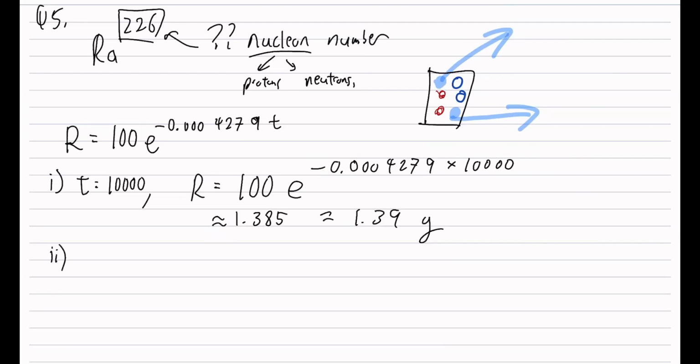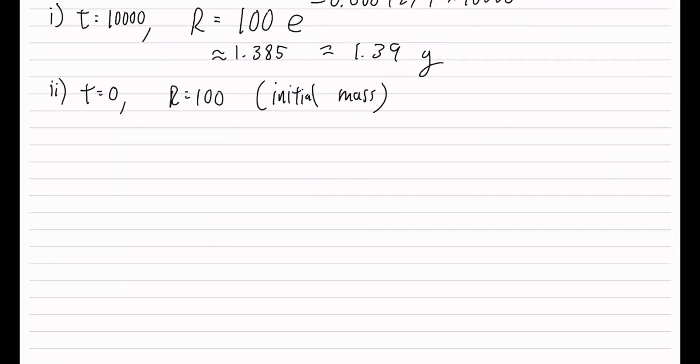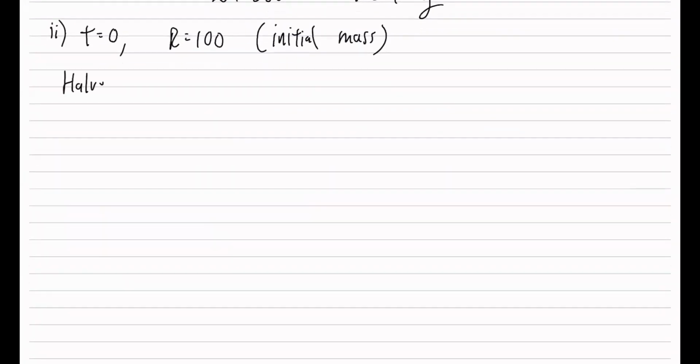Okay, part 2. How long will it take before the amount of radium is halved? So what's the initial amount of radium? 100. Yes. Sub T equals 0, you get R equals 100. This is the initial mass. So when you halve it, R becomes 50.